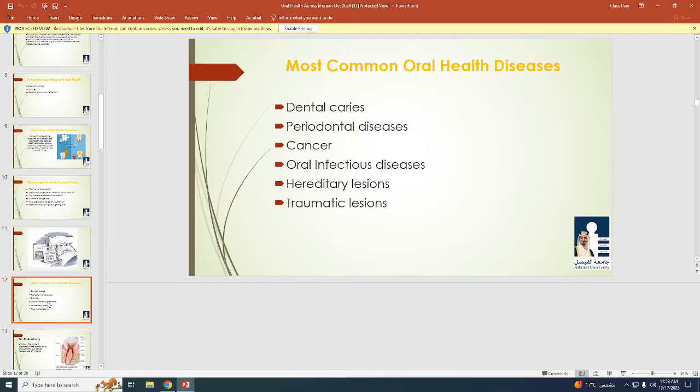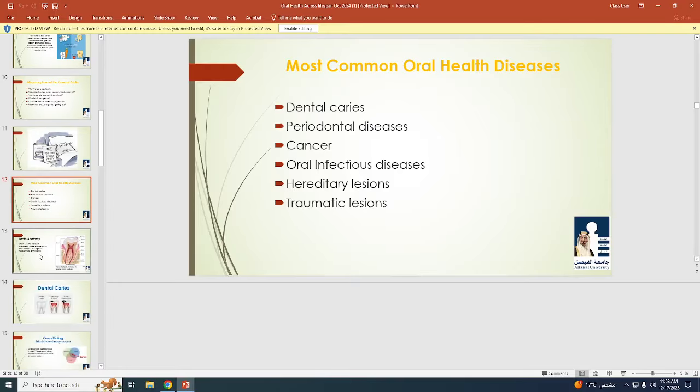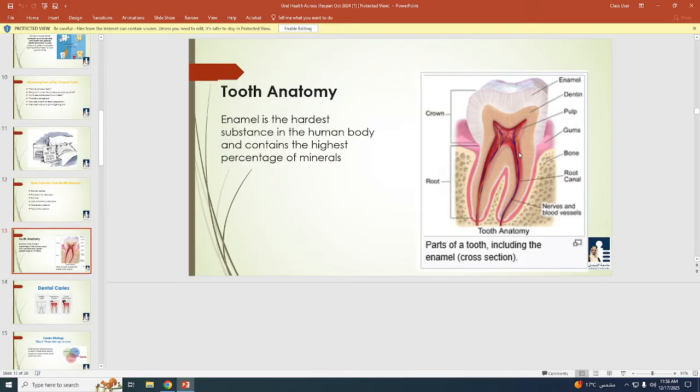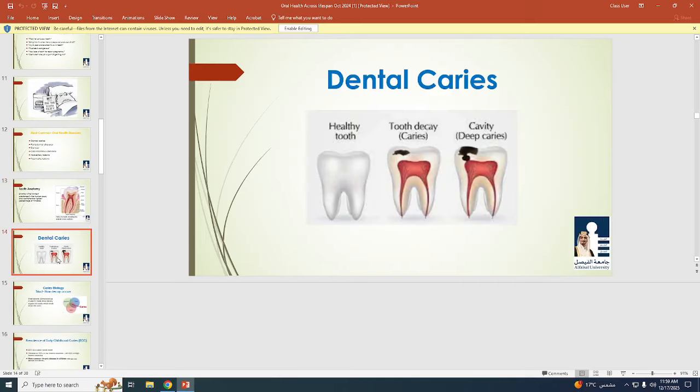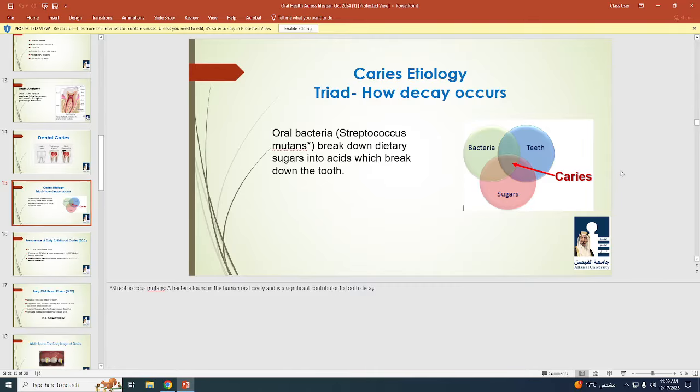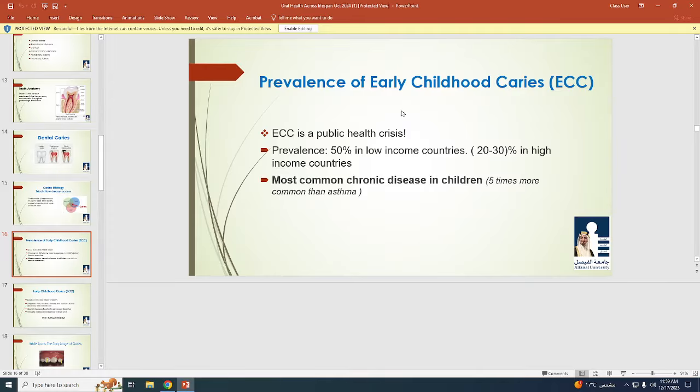It's very easy. I'm just going to talk about tooth anatomy. You don't need to know about it, except for this one: the enamel is the hardest substance in the human body, and it's the white coat of the teeth. And then we have dental caries. How does caries happen? You might get a picture or an explanation. It's important to know the name of the bacteria involved in caries.